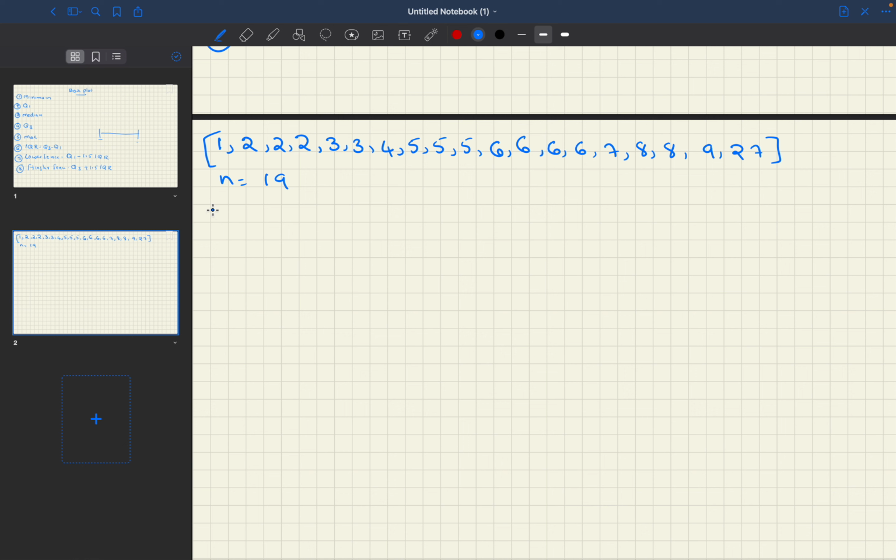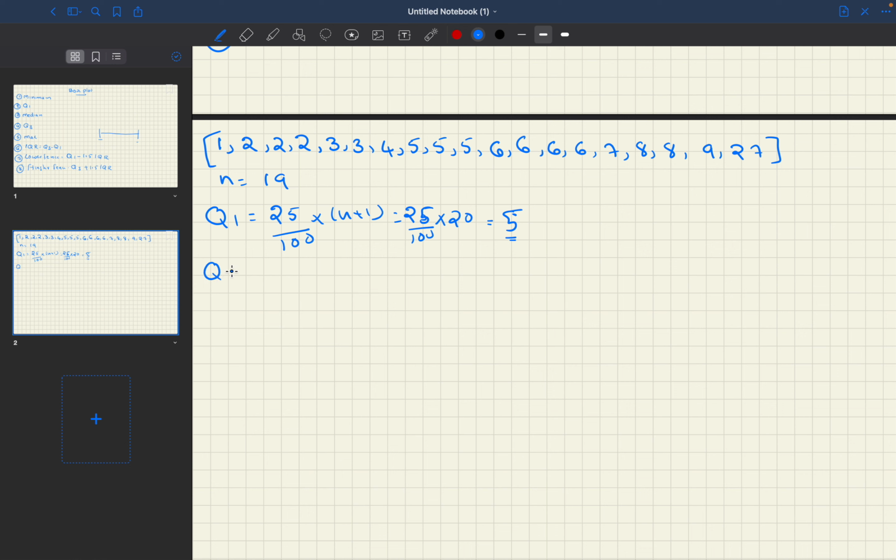Now we need to calculate Q1, the 25th percentile, which is 25 by 100 into n plus 1, which is 25 by 100 into 20, which is 5. So this is the 5th index.